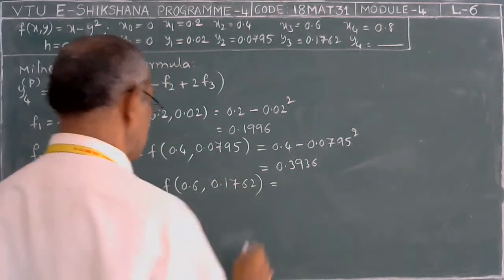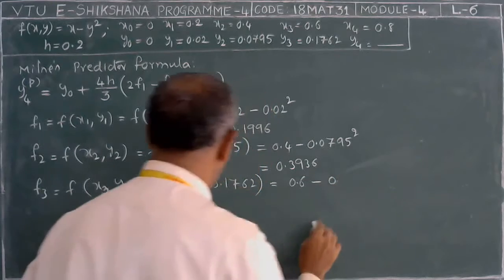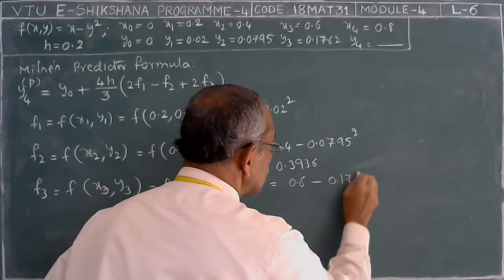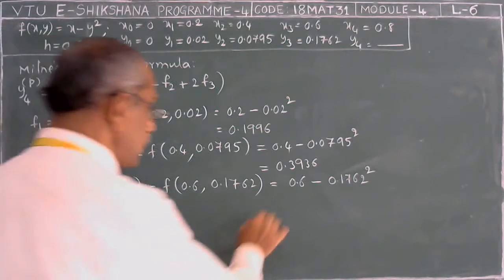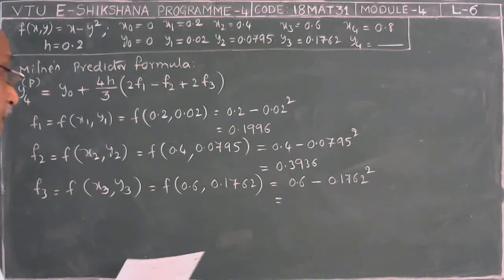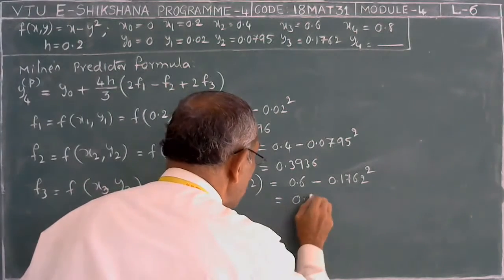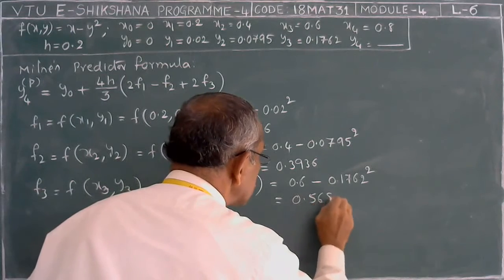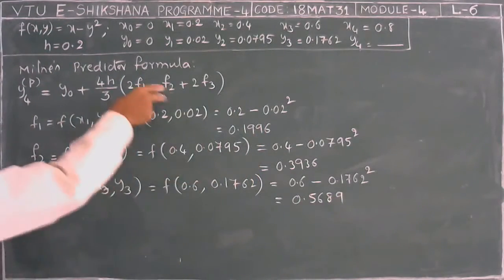When I apply the definition, you get 0.6 minus 0.1762 whole square. If you compute this carefully using the calculator, you get 0.5689.